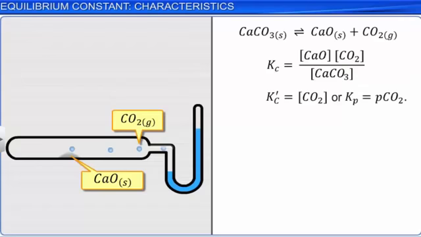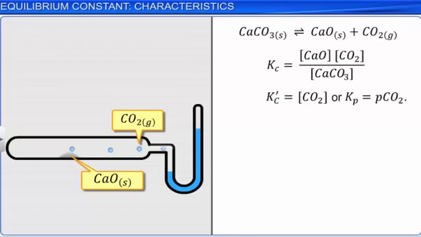Since calcium carbonate and calcium oxide are solids, their concentrations remain constant, and hence their concentration terms in the expression for equilibrium constant can be ignored.